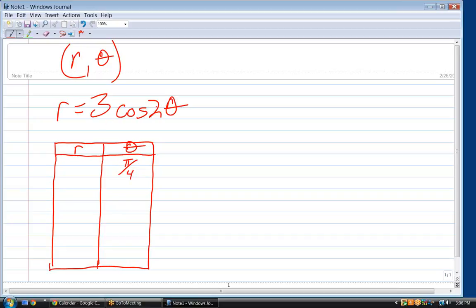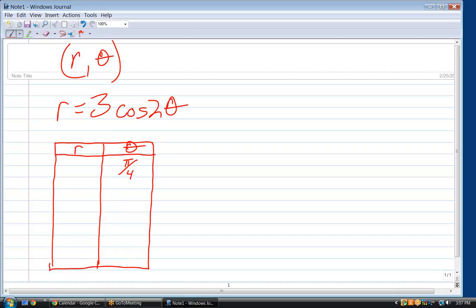So let's plug it in. What's the cosine of 2 theta, if theta is pi over 4? So can we put that in our calculator? Well, no. Multiply 2 times pi over 4, you get pi over 2.